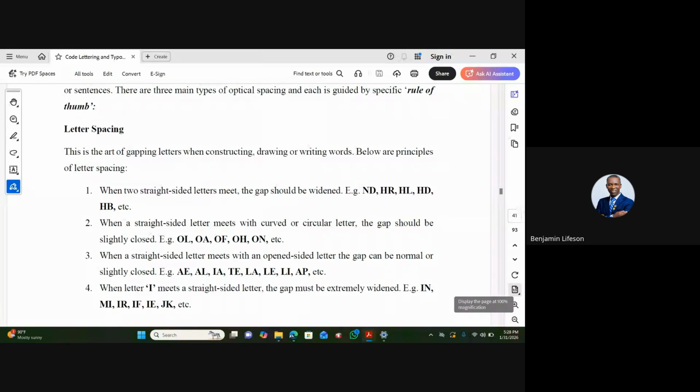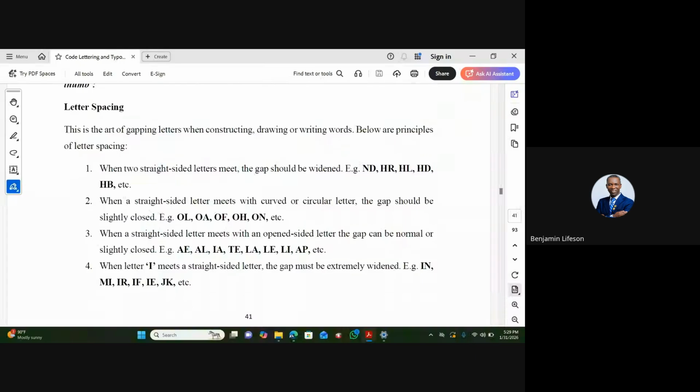Why should the gap be widened? Because they are 2 straight, they may appear narrow, and when they appear narrow, it may appear like they are touching each other. So when you are spacing it, you space it wider. For instance, N and D, H and R, H and L, H and D, H and B.